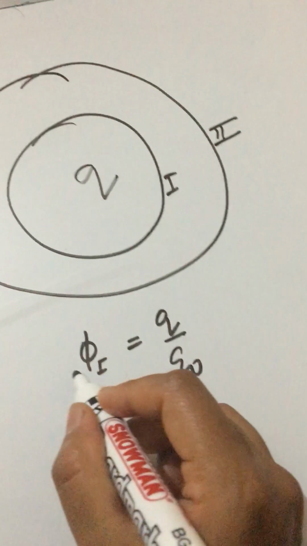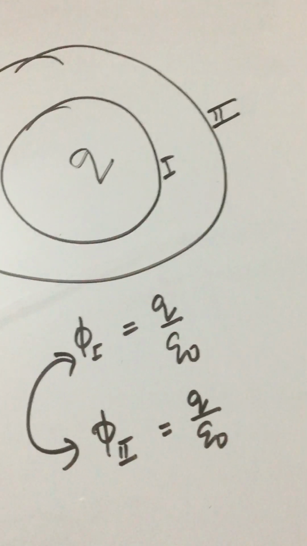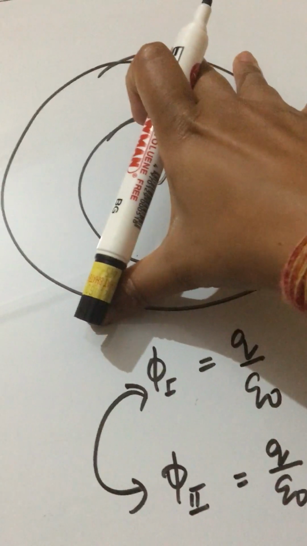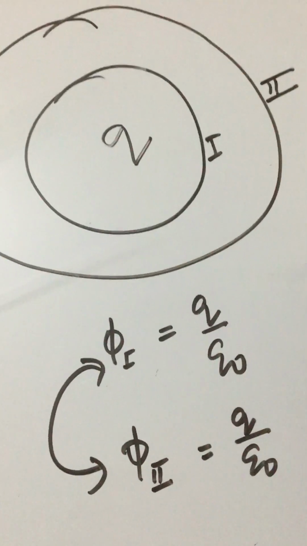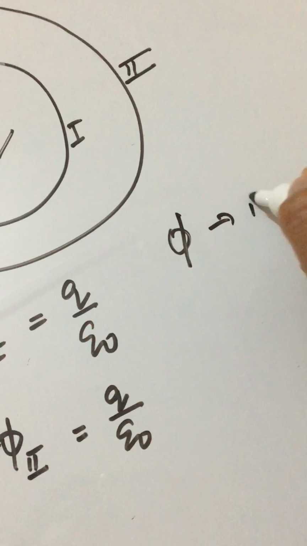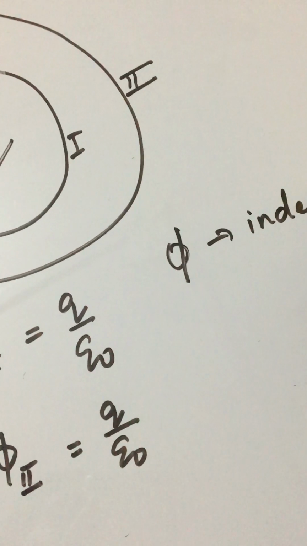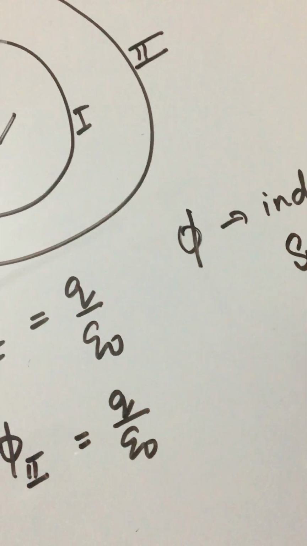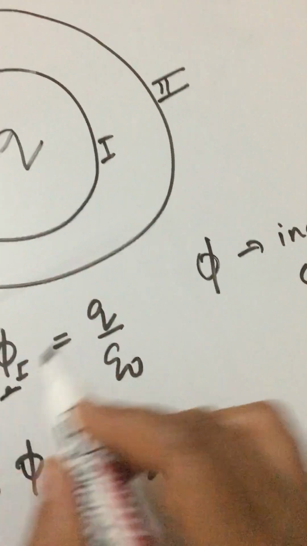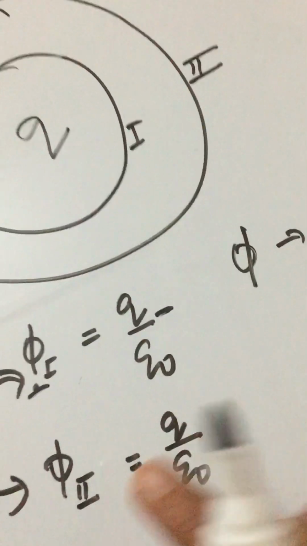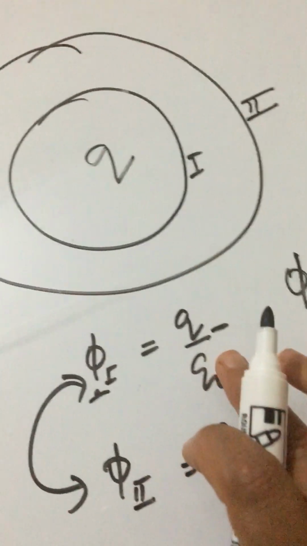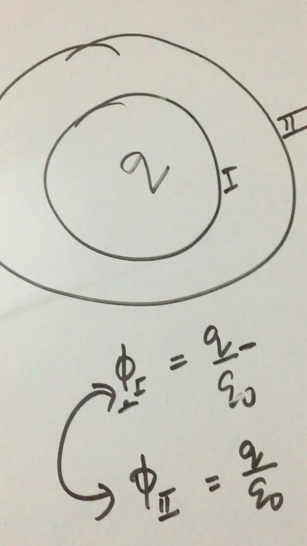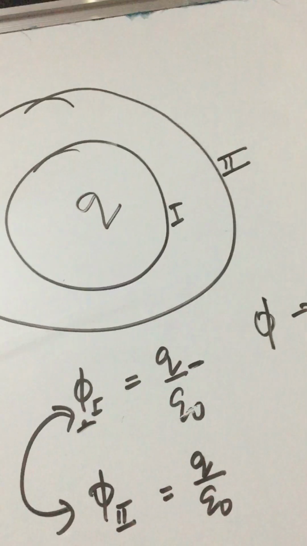So does the flux depend on the surface? Small surface also same flux, big surface also same flux. It is independent of the surface. So whenever the flux is asked and the charge is given, we can immediately find the flux without knowing the electric field, without knowing the area. This is the goodness of Gauss theorem.